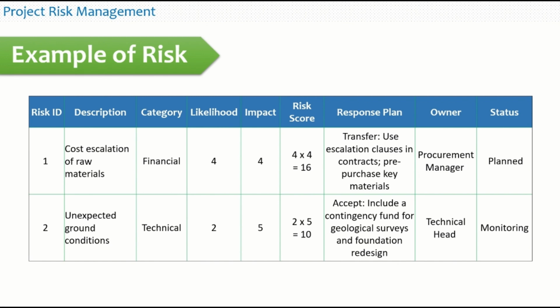The risk score is likelihood multiplied by impact, that is 2 into 5, equal to 10. And we have decided to accept this risk and include a contingency fund for geological surveys and foundation redesign. The owner will be the technical head of the project and the status is currently monitoring, which will change further with onward action in this regard.